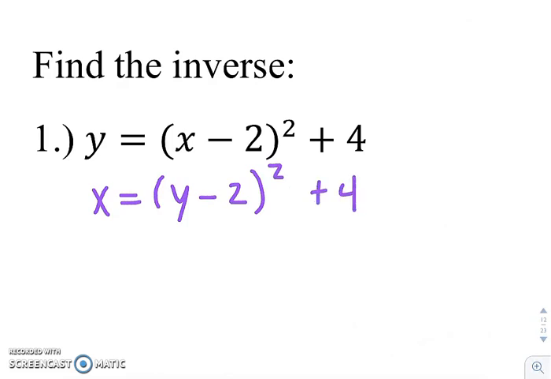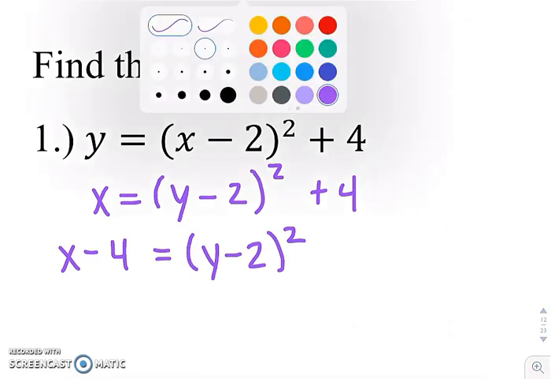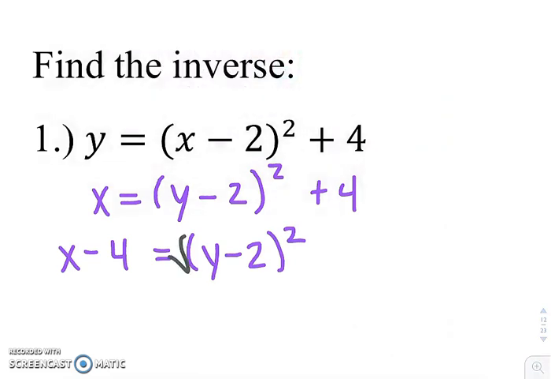So for number one, switch x and y, we're going to subtract that 4 over. So x minus 4 equals y minus 2 squared. And then to undo that squared power, we take the square root.